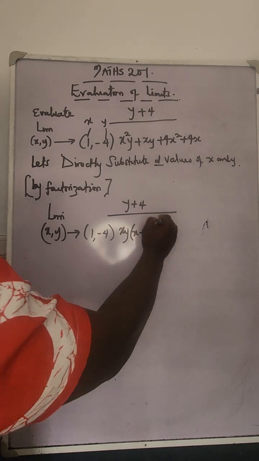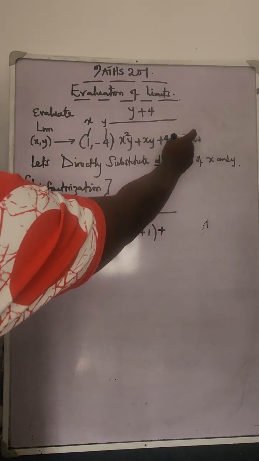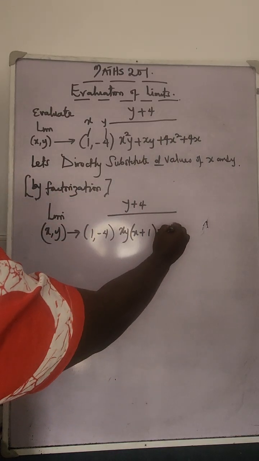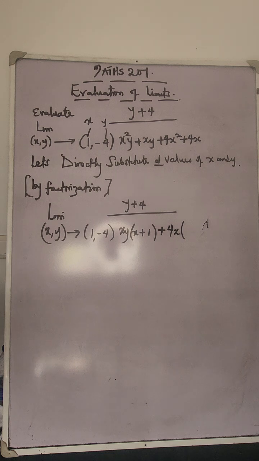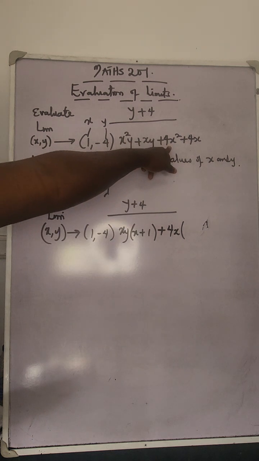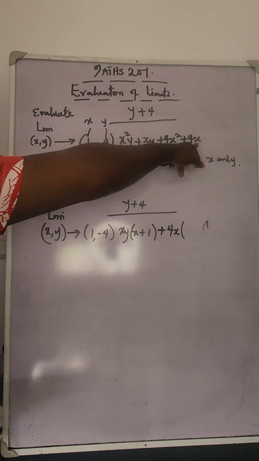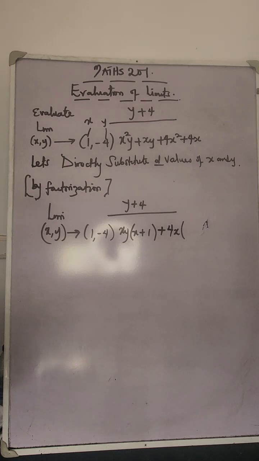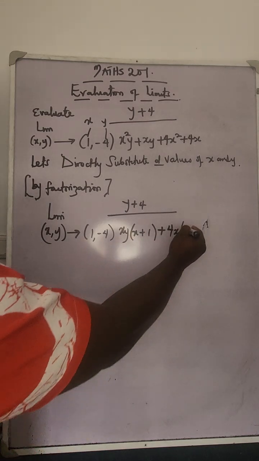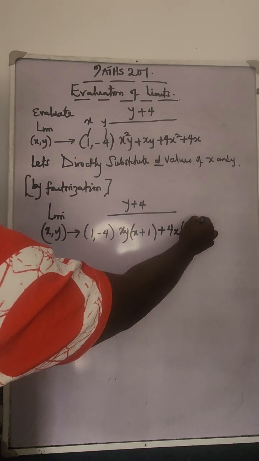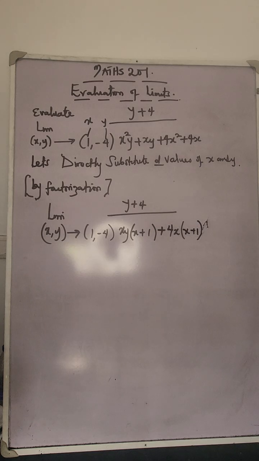Then you say plus, what is common to both sides? 4x is common to both sides, right? Because you can divide this by 4x and have x, and you can divide it by 4x and have 1. So we have 4x into the bracket of (x + 1), right?